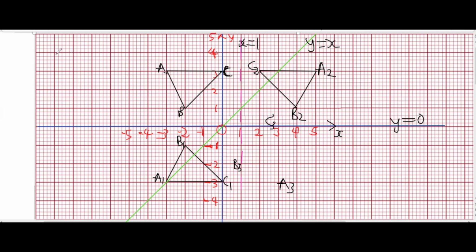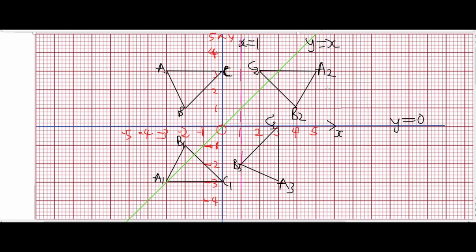Then once you get all the 3 points, what we simply do is join them using your ruler. So we have this.